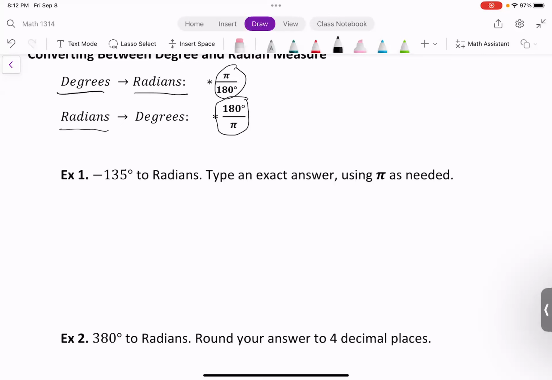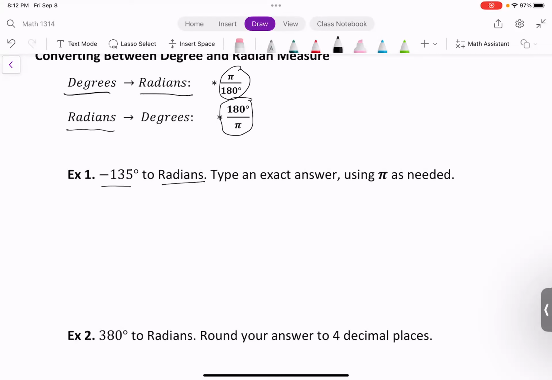Okay, let's see example 1. Negative 135 degrees. I need to convert it to the radian measure. So I need to use negative 135 degrees multiplied by, I don't have a good multiplication sign, so multiply by pi over 180. Sometimes you're confused which one to choose. They are so similar. They all have the pi, they all have the 180 degrees.